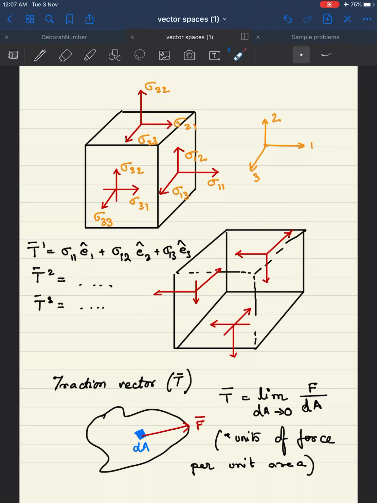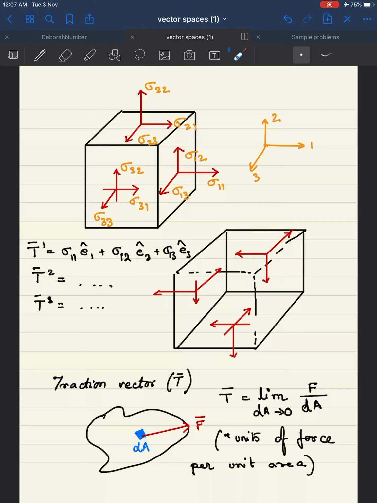This is a pictorial representation of this equation, as I had already told you. So all these traction vectors are surface forces acting on this infinitesimally small control volume, and we are obviously going to look at a situation where this entire control volume is going down to 0. If this is the dx length, then we are looking at the dx going to 0 limit.